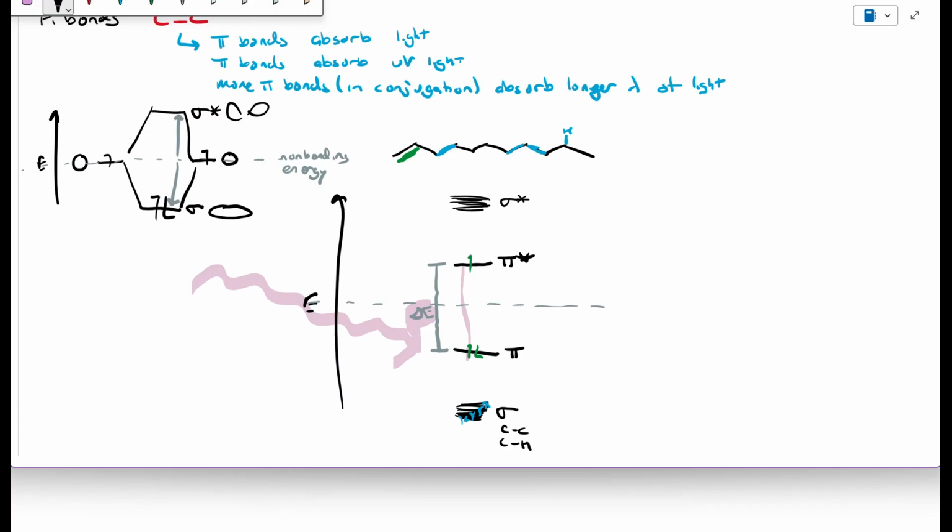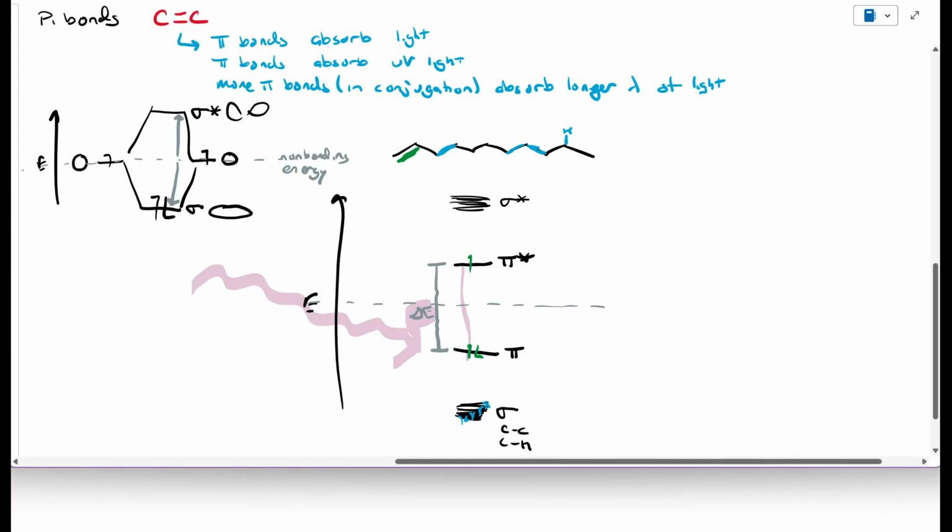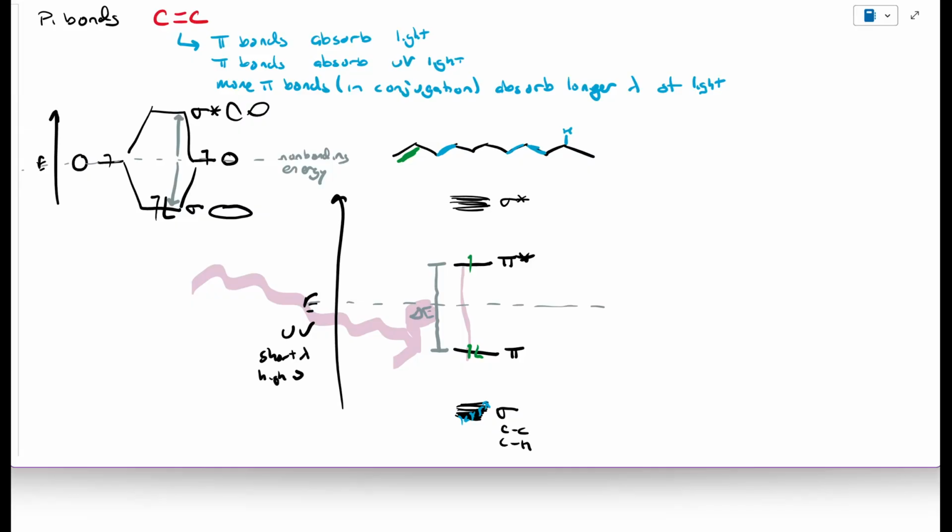Energy is related to the frequency of the photon and the wavelength of the photon. And pi bonds absorb energy in the ultraviolet range of the electromagnetic spectrum. It absorbs ultraviolet light, a fairly high energy photon, which means a fairly short wavelength and a fairly high frequency.